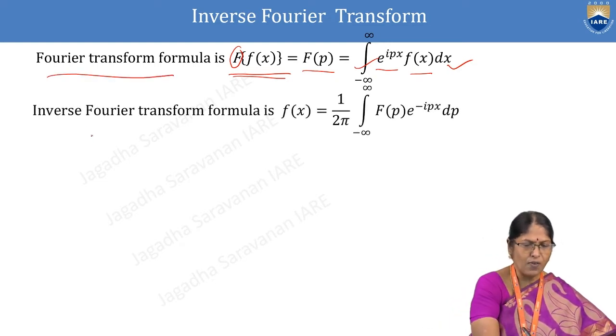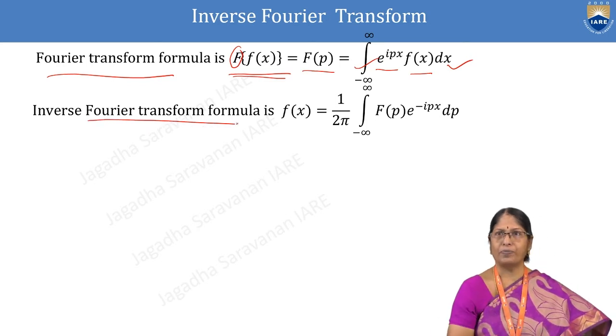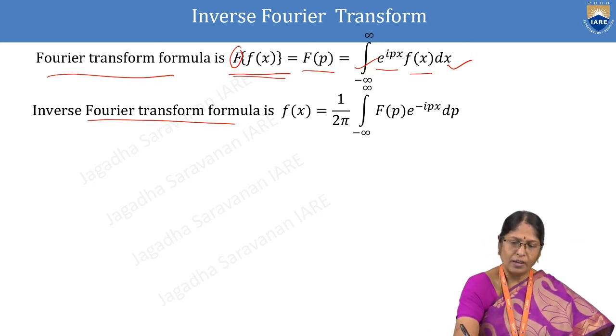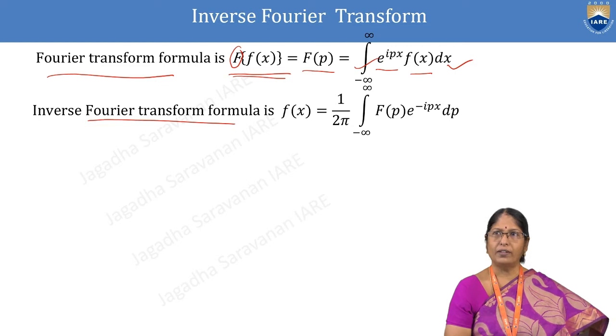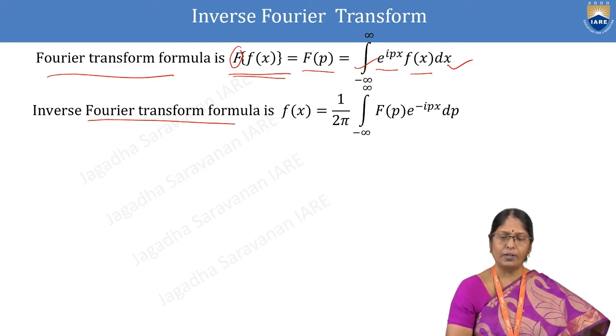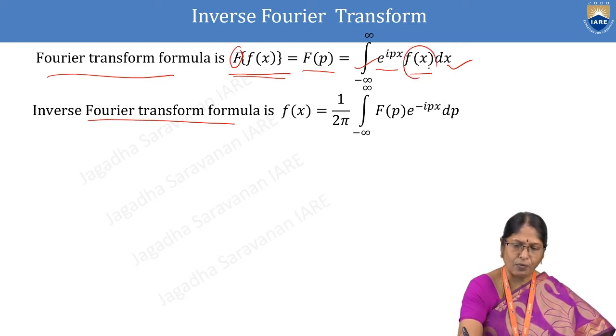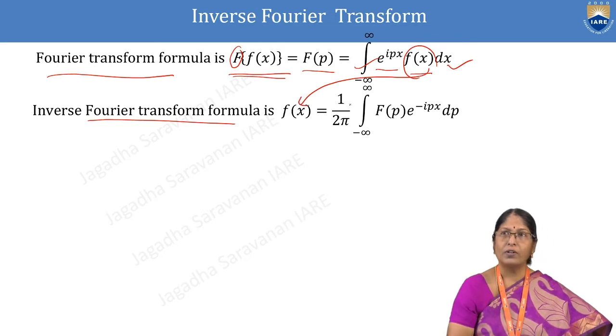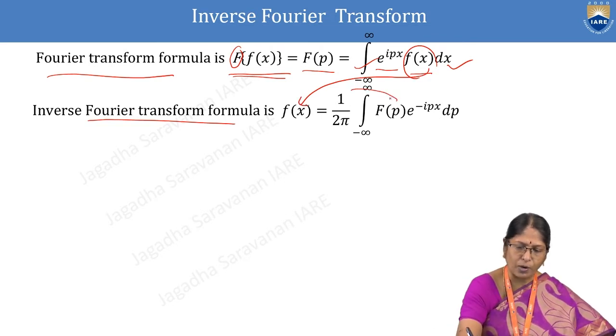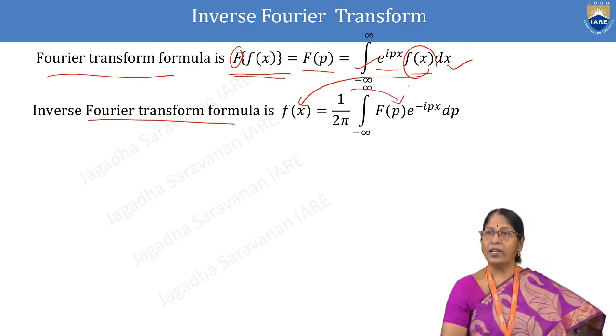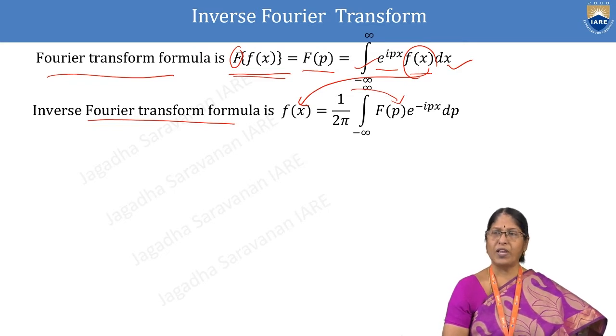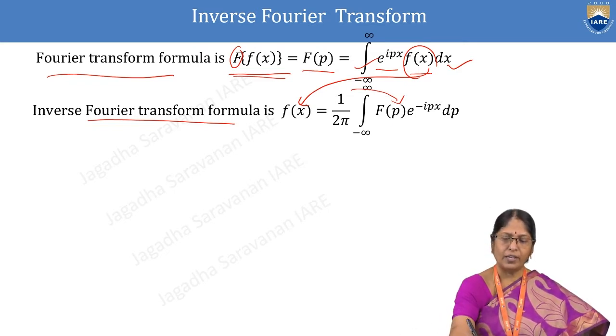Next, the inverse Fourier transform. An easy way to remember the difference: the function f of x will be outside, and the Fourier transform will be inside the integral. That is, we have to integrate the Fourier transform.